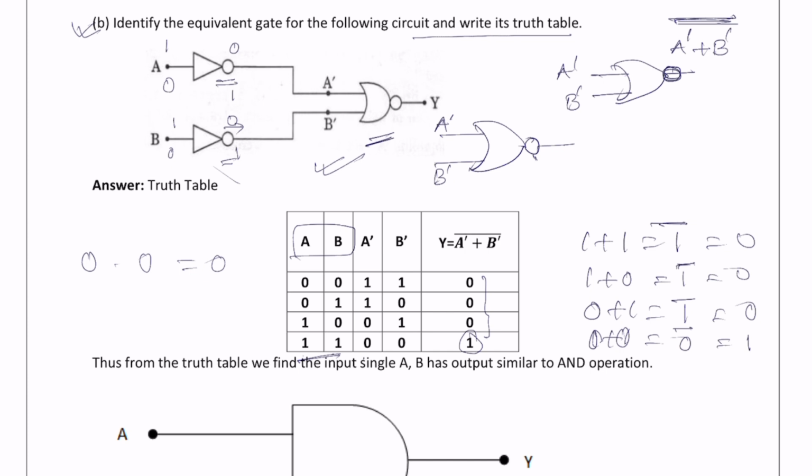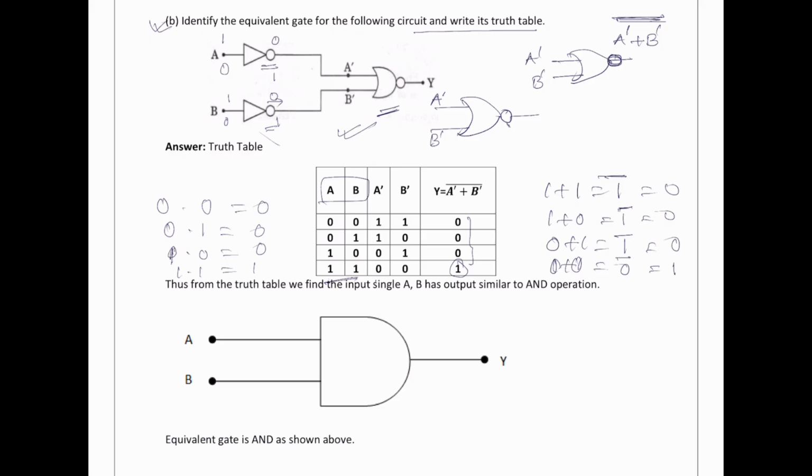The characteristic of the truth table of an AND circuit is that it multiplies. 0 into 1 is 0. 1 into 0 is also 0, and 1 into 1 is only 1. So such a characteristic, which multiplies the input signals and gives us the result, is the characteristic of AND.